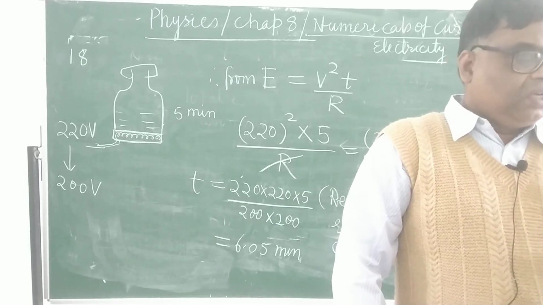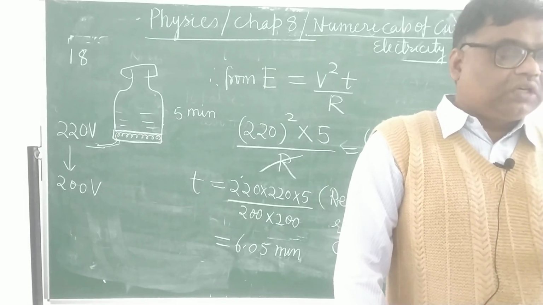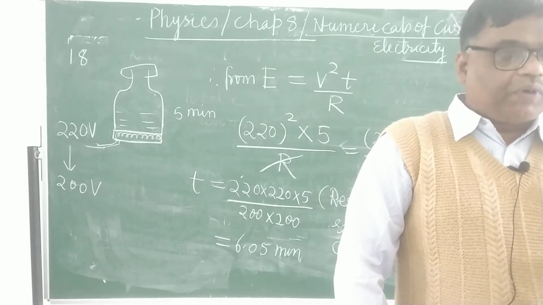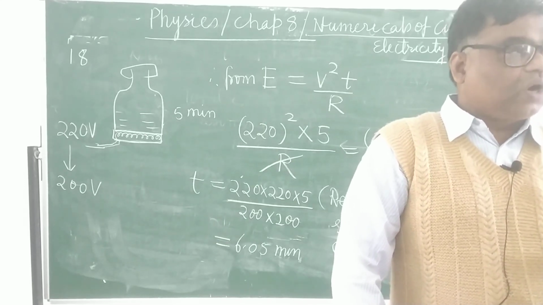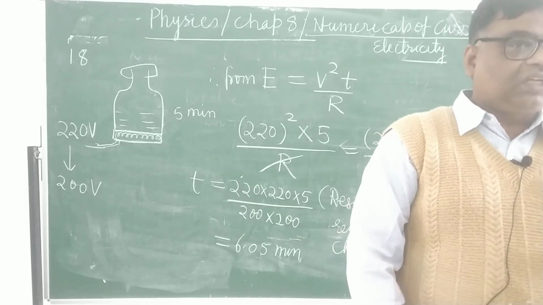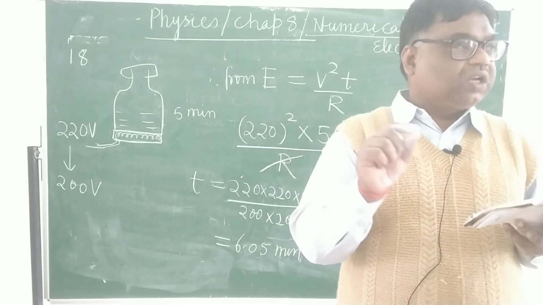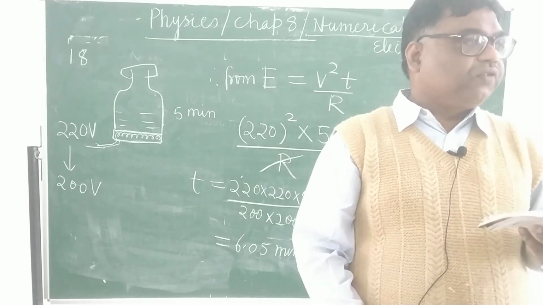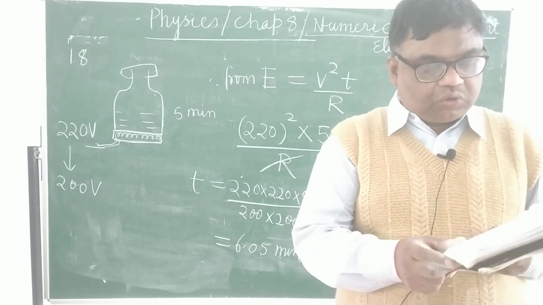It is clear? And then after calculating the energy consumed, you will calculate the cost by what rate? 4.50 per kilowatt hour. So suppose 10 kilowatt hour came, then how much cost will it be? 10 into 4.50. So whatever comes here. So this question you can do.